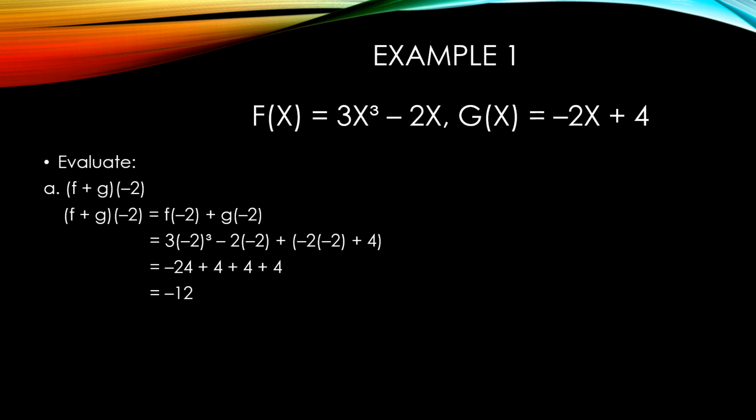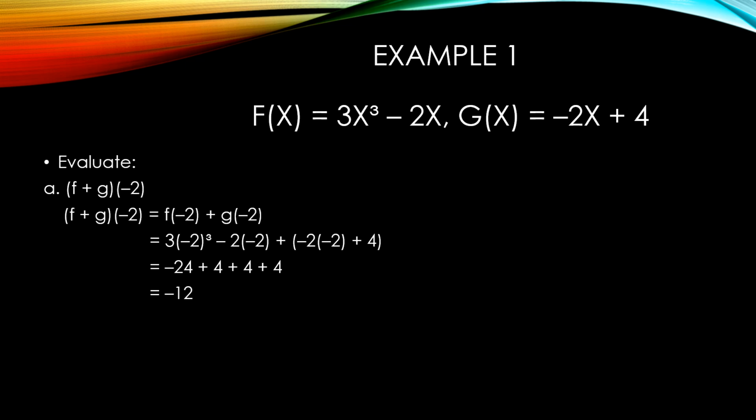So (f plus g)(-2), per our studies here, we can expand as f(-2) plus g(-2). It means that when you go to f(x), minus 2 becomes the object. When you go to g(x), minus 2 becomes the object. Then we substitute the object minus 2 into the function f(x).